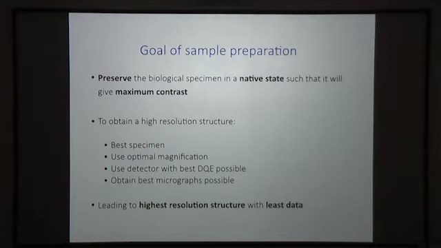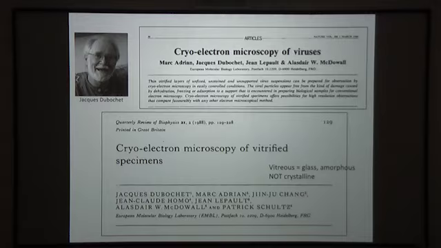So specimen preparation, I think one of the biggest advances in the field that allowed us to do this was really the development of vitrification by Jacques Dubochet in the mid-1980s. And these are 2 really key papers in the field. If you haven't read them, I would suggest you find copies of them and have a read, because they're really great.